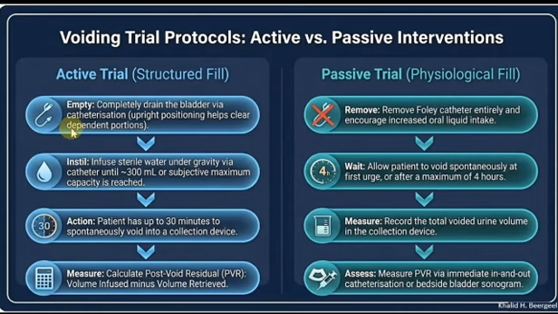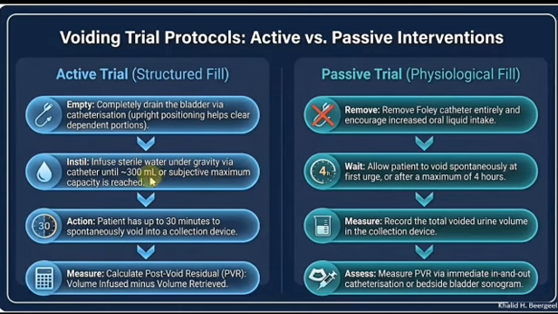Then you wait up to 3 minutes for the patient to spontaneously void. After the patient urinates, you insert the catheter and check the post-voiding residual volume, which means the infused volume minus the voided volume.